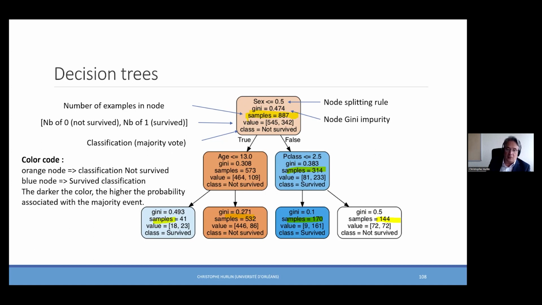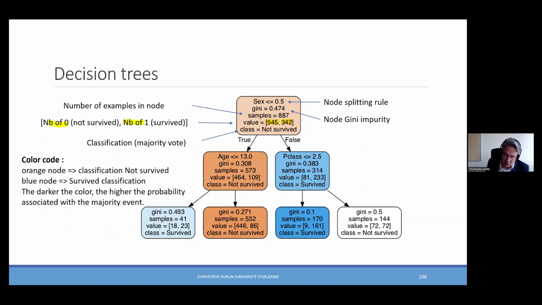For each node, in the binary case, we have the number of individuals for which y is equal to 0 and for which y is equal to 1.